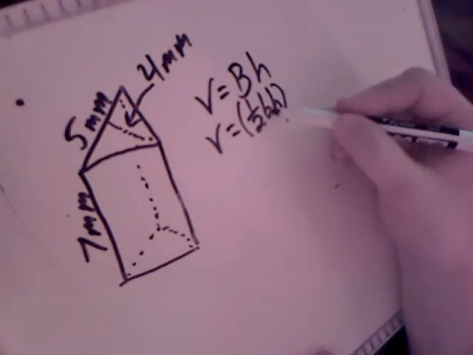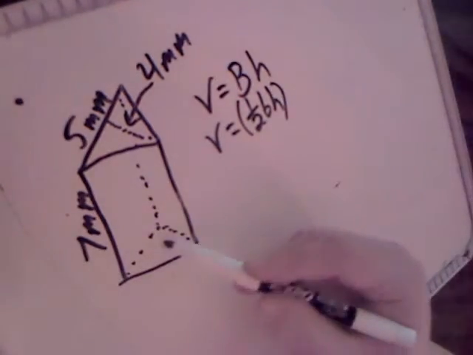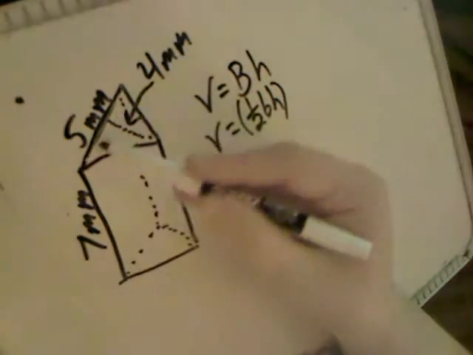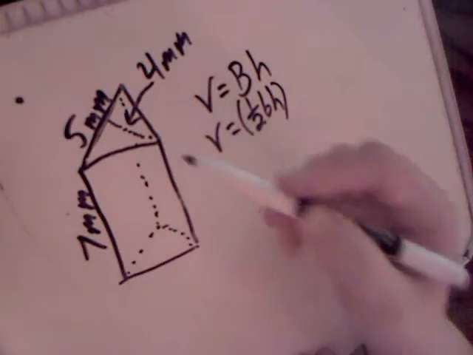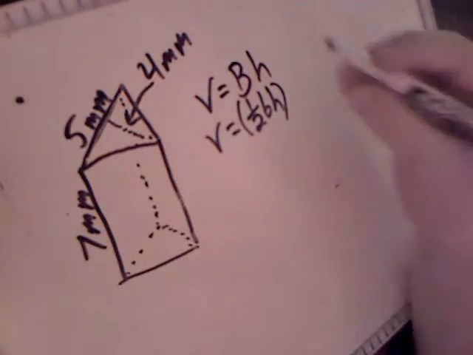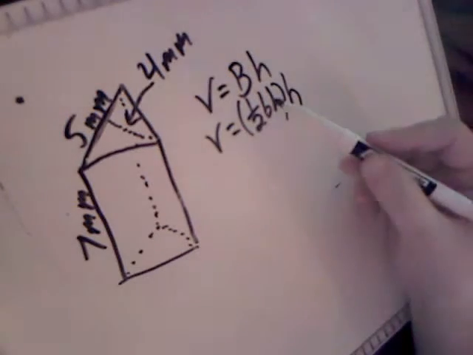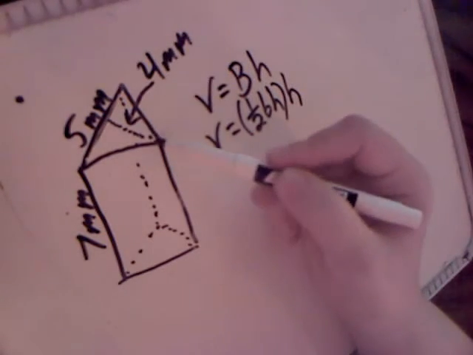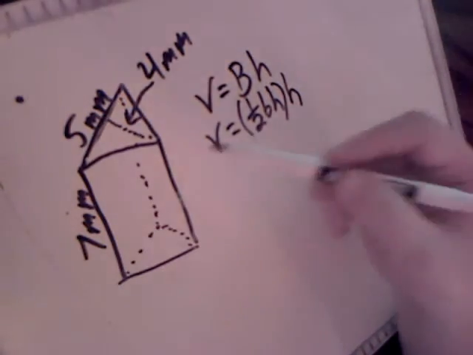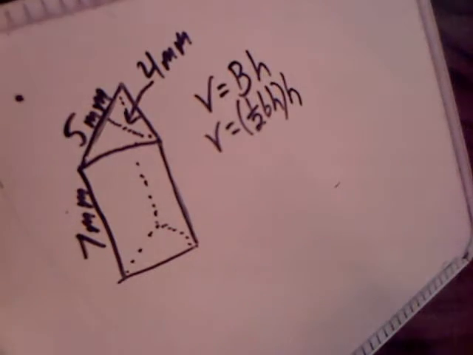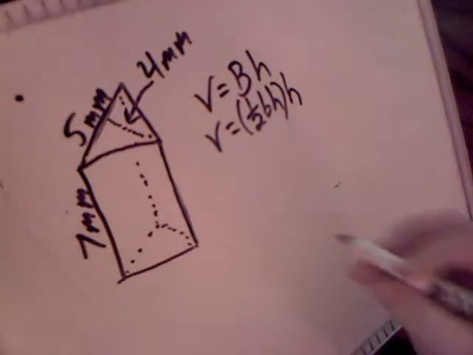Notice this is a little base because now we're just talking about one measurement rather than one whole base of the 3D prism. And then we have height. You'll also notice we have 2 H's. The H on the inside is the height of the triangle, and the H on the outside is the height of the entire prism. Gotta just kind of know that.